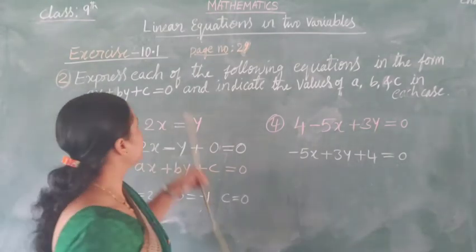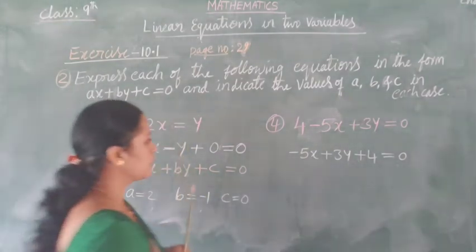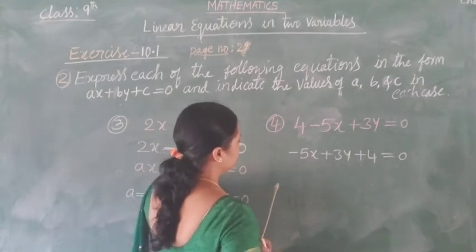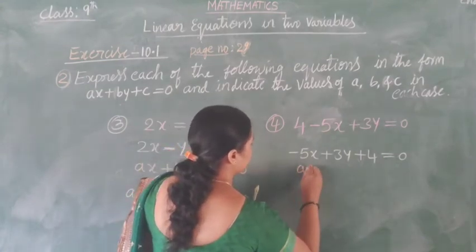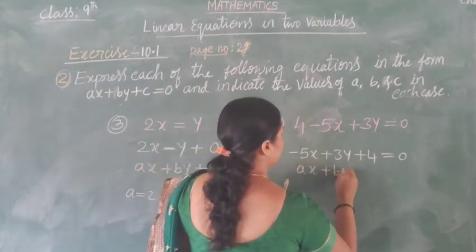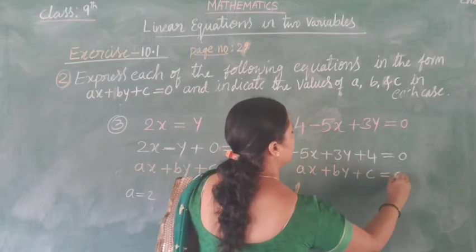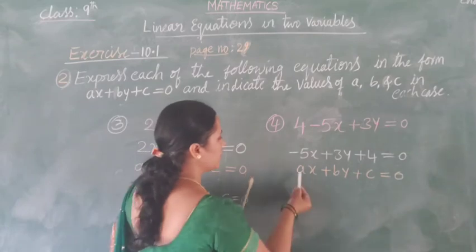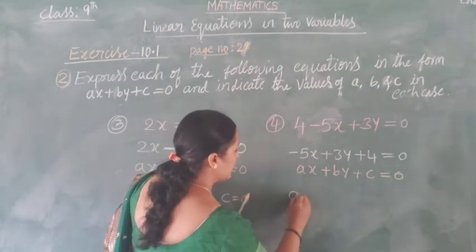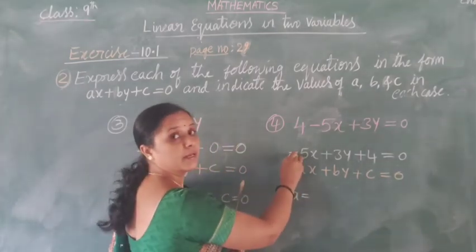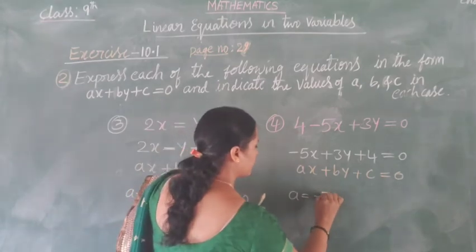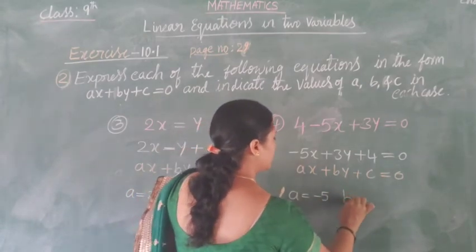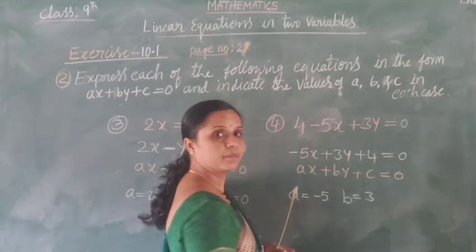Now we can compare with the general form of an equation, that is ax plus by plus c equal to 0. Next we have to write the value of a. The value of a equal to minus 5. The value of b equal to 3.